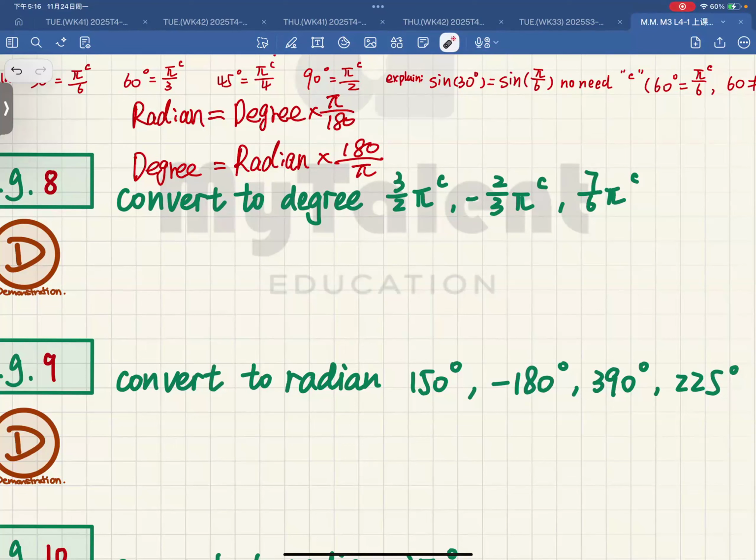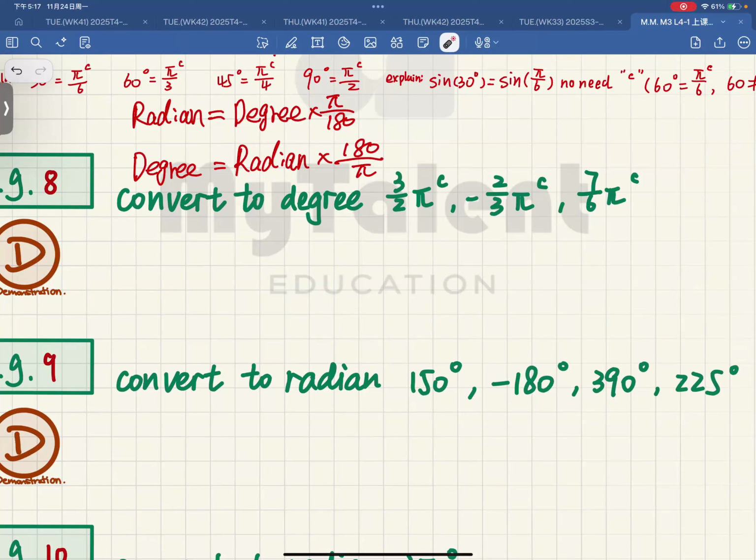Now, what about 180 and 2? That's 90. So the question becomes 3 times 90, which is equal to 270 degree.